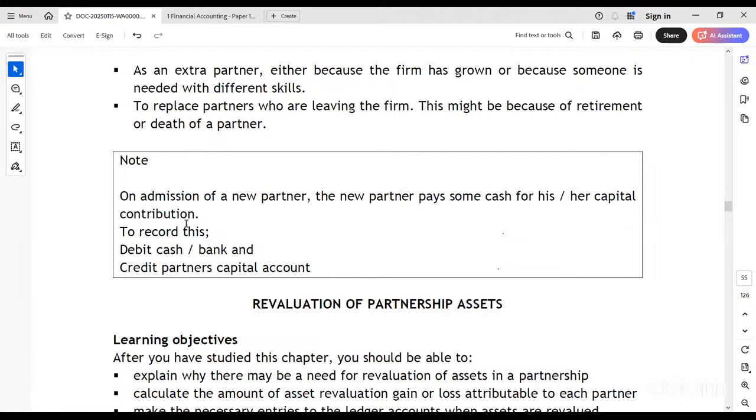And to record that cash that is paid by a partner who is being admitted, we have to debit the cash or bank, and then we credit that partner's capital account. So that's what you do when you're admitting a new partner, and that partner is paying in some cash for capital contribution. We record that in the business's cash or bank account, and then you credit that partner's capital account.